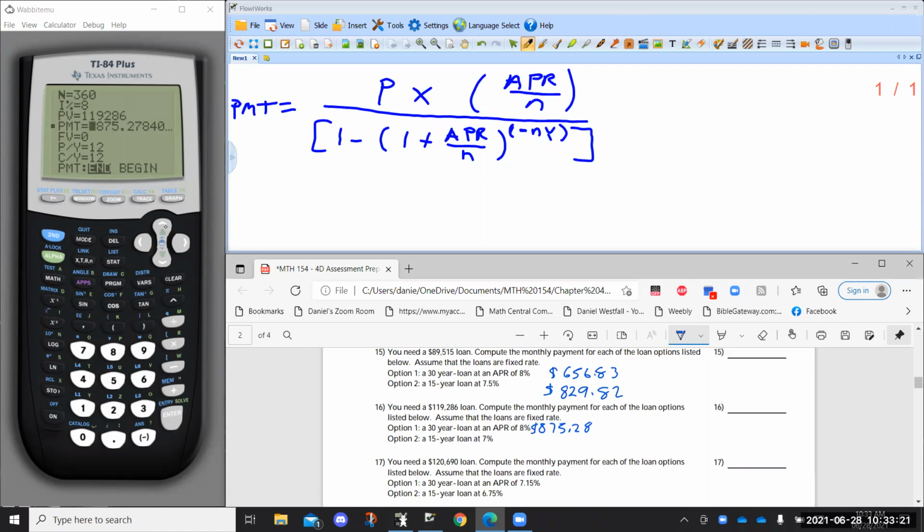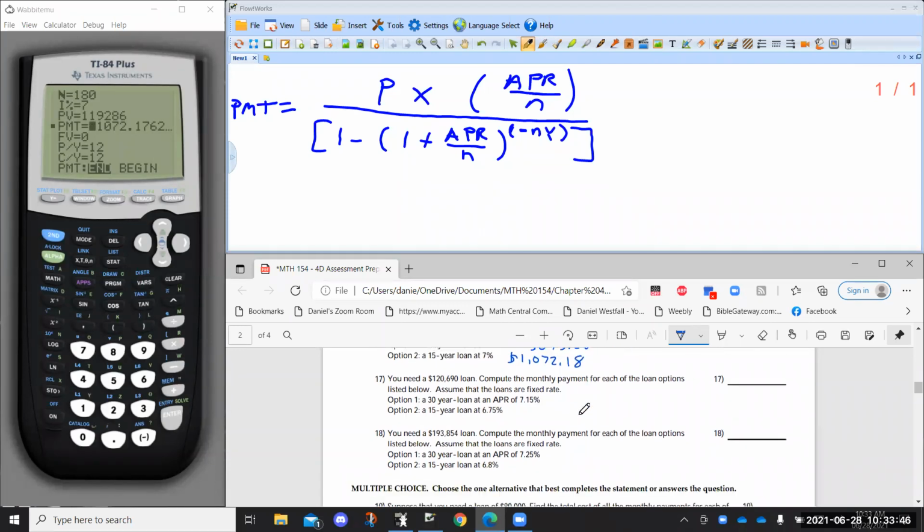And we've got a 15-year loan, and $1,072.18. All right.